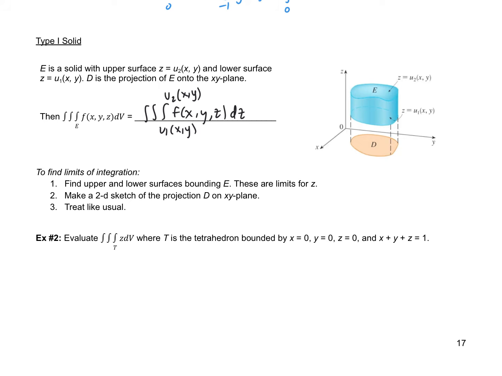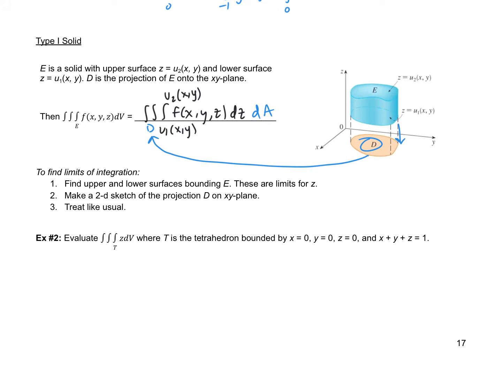And then dA means we have to figure out the limits with respect to x and y. So what remains is integrating with respect to x and y. So we take that figure and we project it down onto the xy plane for this region D, and that region D helps us find our limits of integration for x and y.